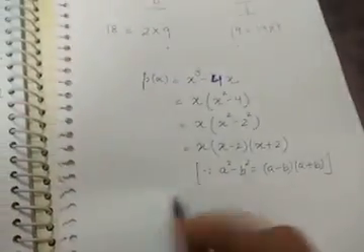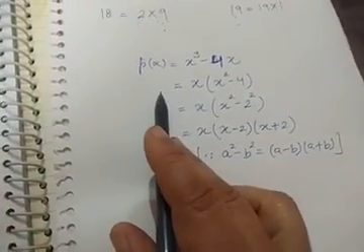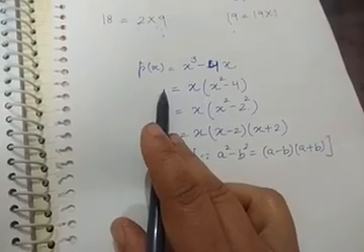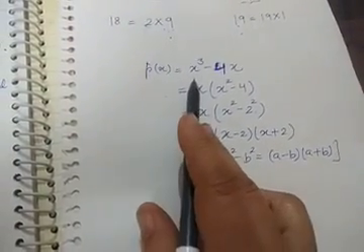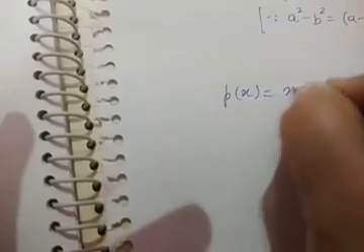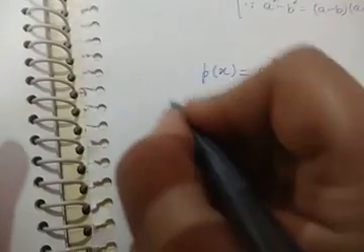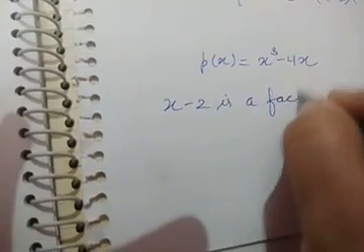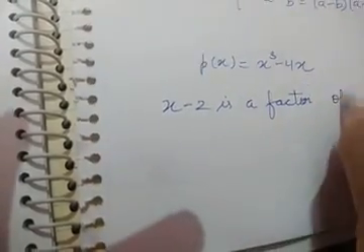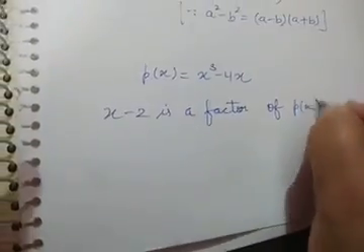Now you can check. We say that P(x) is equal to x cube minus 4x, and we want to check whether x minus 2 is a factor of P(x) or not.